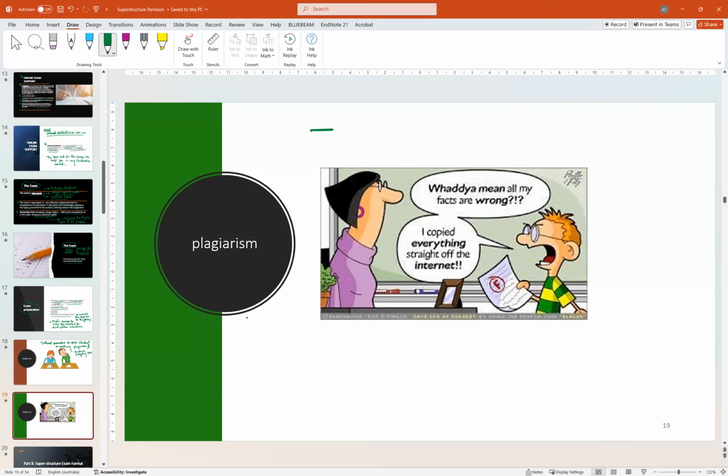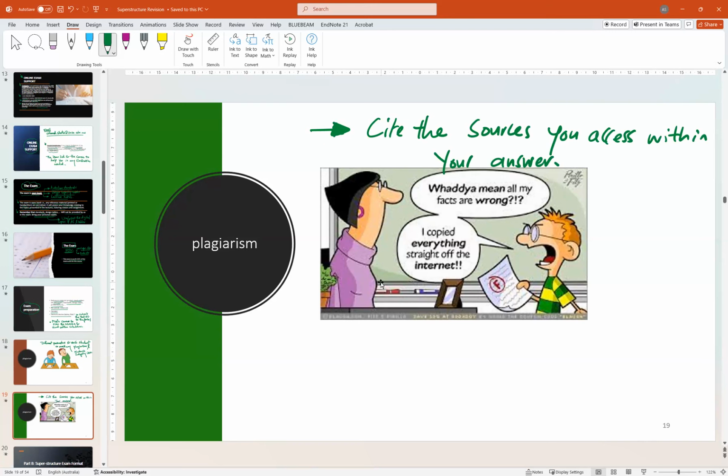If you use any source, you can cite the source you accessed within your answer. But this will take time, so it's better not to depend on the AI tools too much.